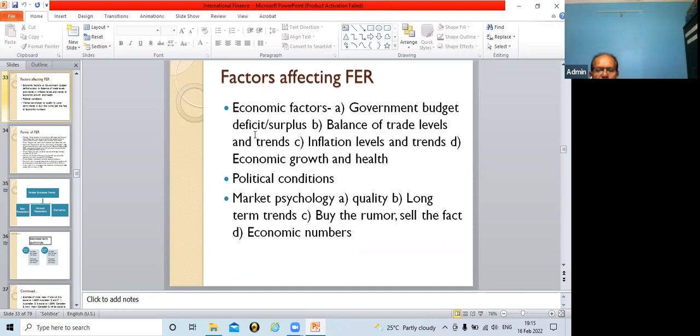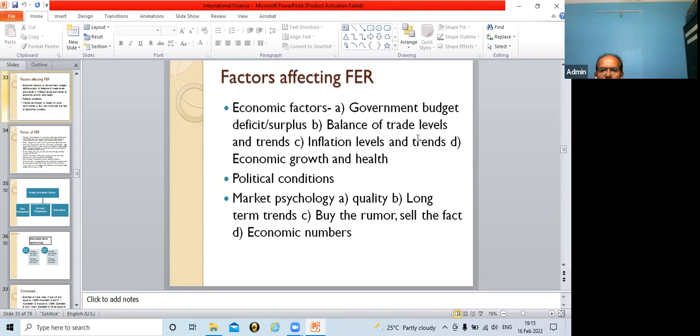In that case, deficit arises. Vice versa, if your receipts are more and payments are lower, then the country will have a surplus. So that indicates the financially sound position of that country. So this also matters, deficit and surplus, in regards to the foreign exchange rate.